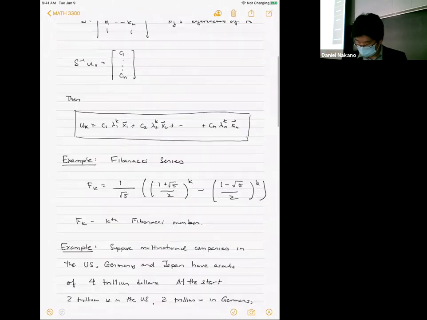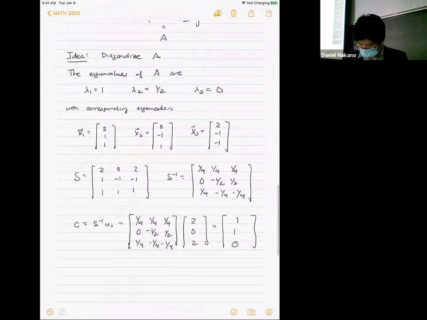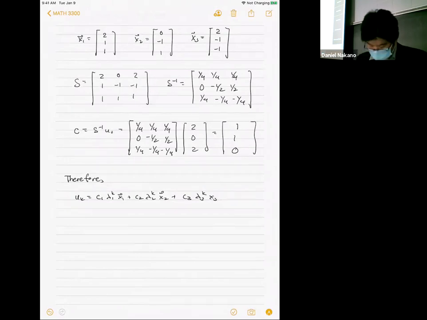All right? So let's do that. Therefore, everything's nice and neat. U_k is equal to C1 lambda 1 to the K x1 plus C2 lambda 2 to the K x2 plus C3 lambda 3 to the K x3. Okay?